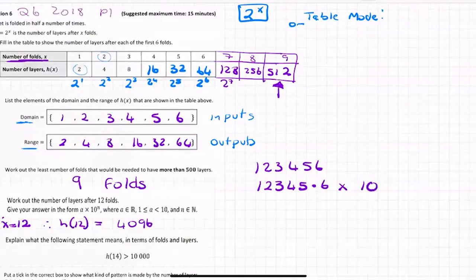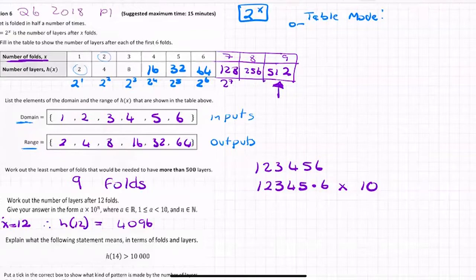Are you okay that that's the same number? My decimal point moved back a place, but I'm going to end up multiplying it by 10. And if you put that into the calculator, you should see that you get the same number as here.